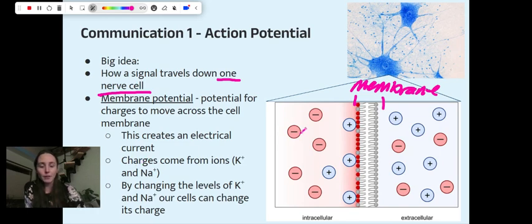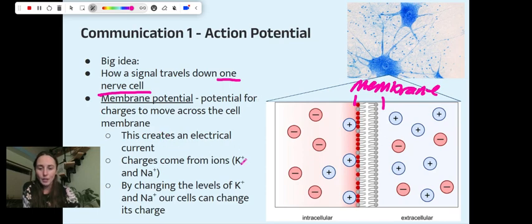When we have a difference in charge like this, that can create an electrical current, and that current is really how our cells are going to send signals. Those charges come from different ions, or particles that have either a positive or negative charge.